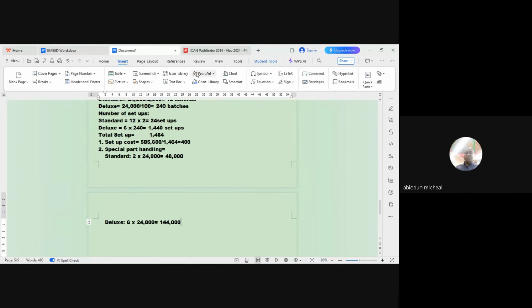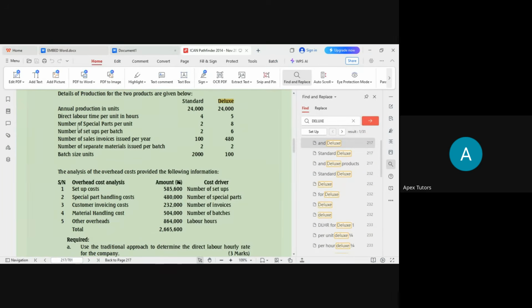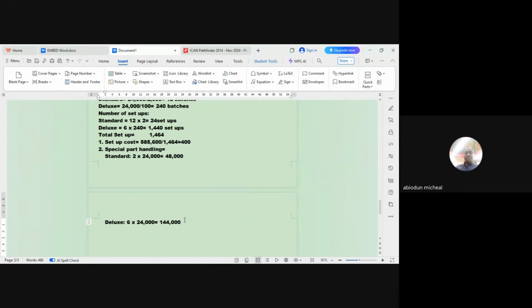So the total handling, the total number of special parts per unit will be what? Yes, sir. It's not 6, it's 8, not 6. Okay, this one is 8, right? Yes.